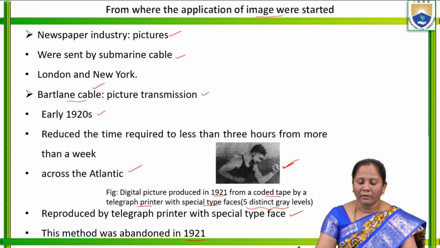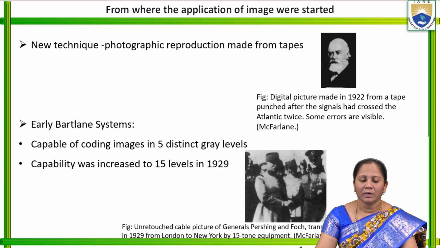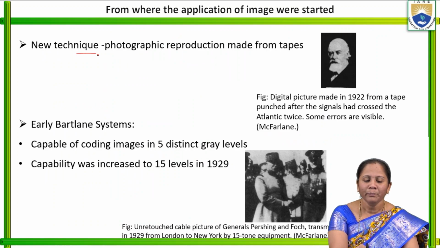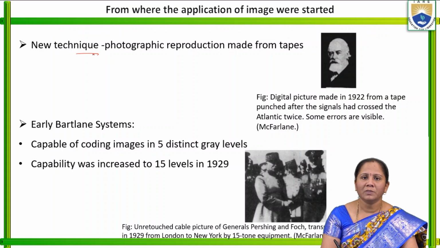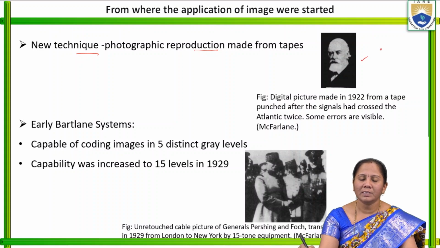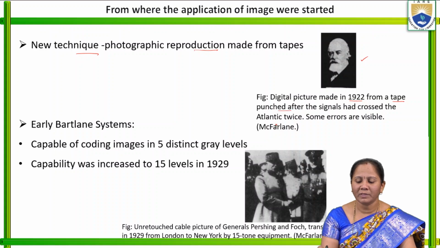After stopping this technique in the year 1921, the new technique that came into existence for picture transmission is photographic reproduction made from tapes. By using this technique, you can see here the image that was captured. This is the digital image captured in the year 1922 by using tape punched after the signal had crossed the Atlantic twice.